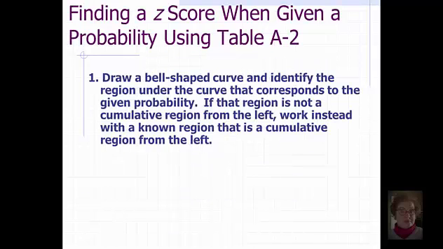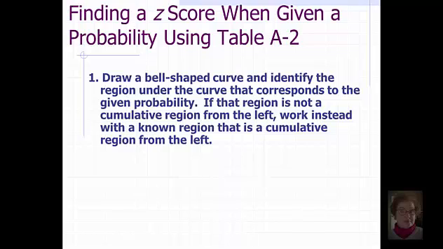And again, this talks about how to go through the calculations when we know a probability and we want to find the z-score. So these are inside out calculations if you're using the table. Remember, the z-scores are on the outside margins of the table and the probabilities are in the inside of the table.